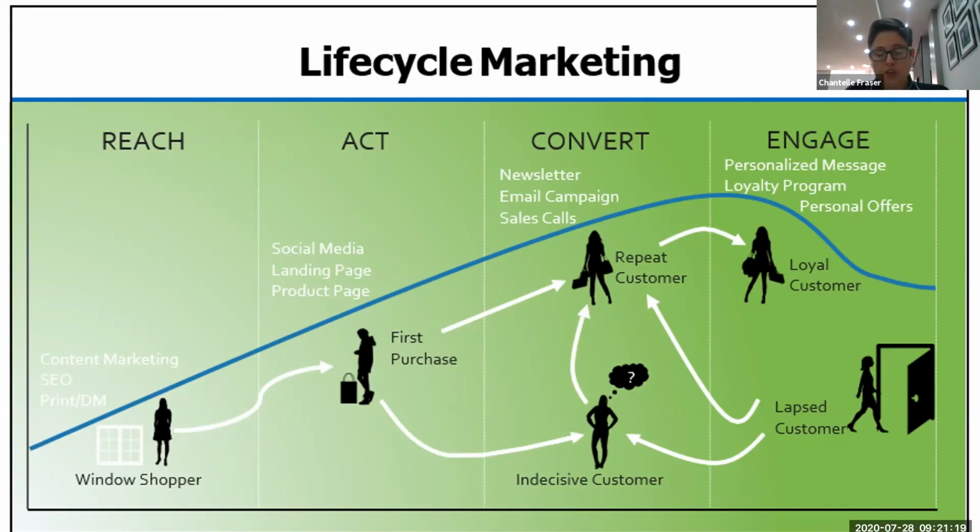It could be things like, at the convert stage, once somebody has taken action, they've maybe found your social media page or your landing pages, which we'll cover in the marketing section of our training this week. Then they convert, so they make a decision that they're going to subscribe, maybe to your newsletter or your email campaign, or they are open to accepting your sales calls. Then you get somebody who starts engaging with your content.